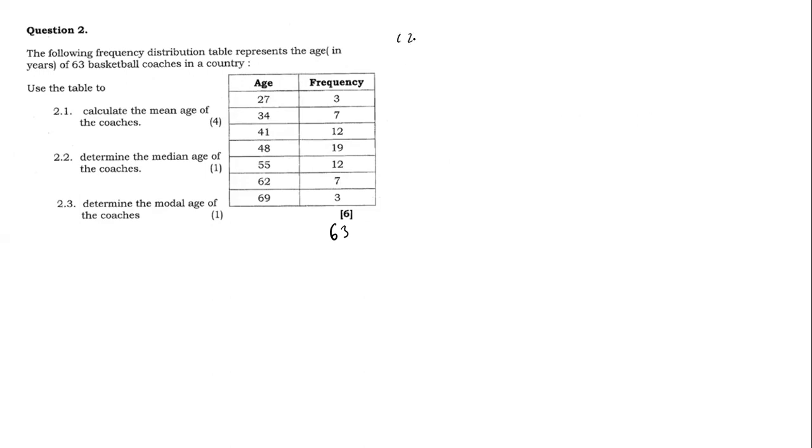So for 2.1, to determine the mean, which is denoted by x bar, you're going to say 3, which is the frequency, multiplied by 27, plus 7 multiplied by 34, plus 12 multiplied by 41.